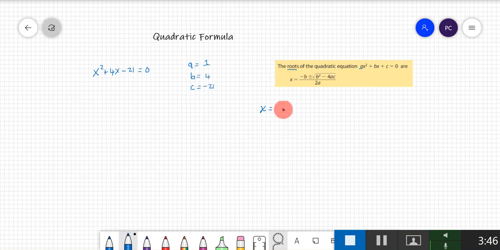So b is equal to 4, so it's going to be minus 4 plus or minus, from this formula, the square root of b squared, which is just 4 squared, minus 4 times the value of a, which is 1, times the value of c, which is equal to minus 21. I'm just putting them in brackets here.